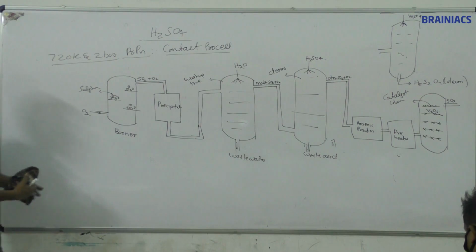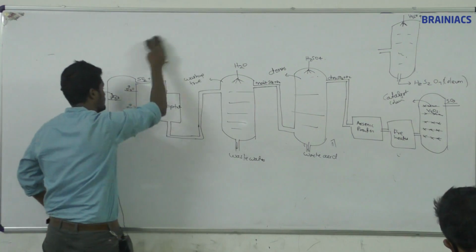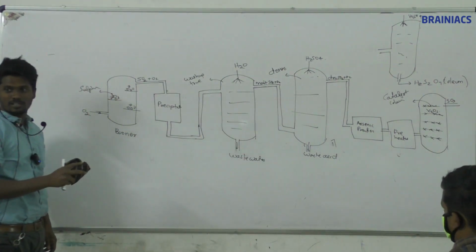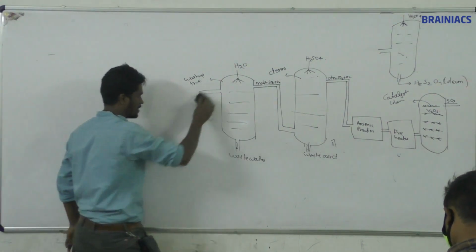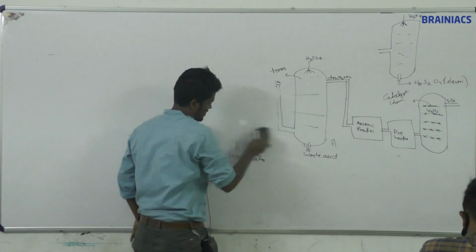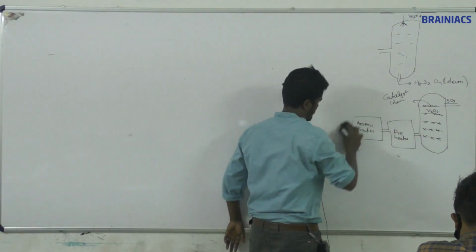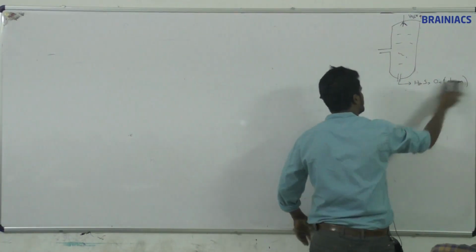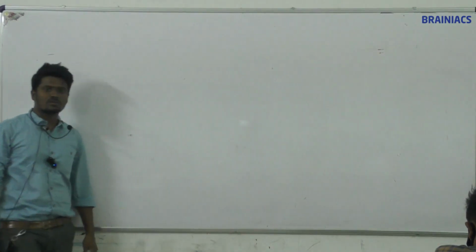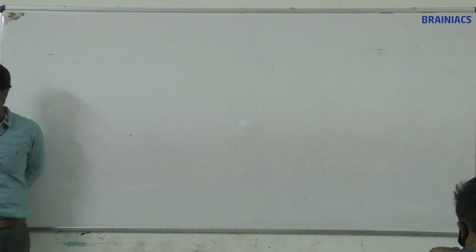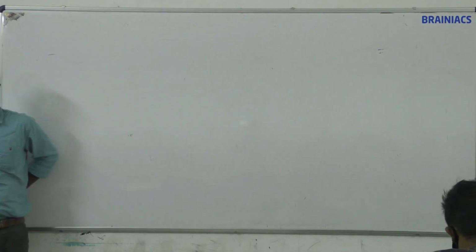Okay, so now the properties of sulfuric acid. Is it liquid, gas or solid? Liquid. A colorless liquid. H2SO4 is also called what? Oil of vitriol.